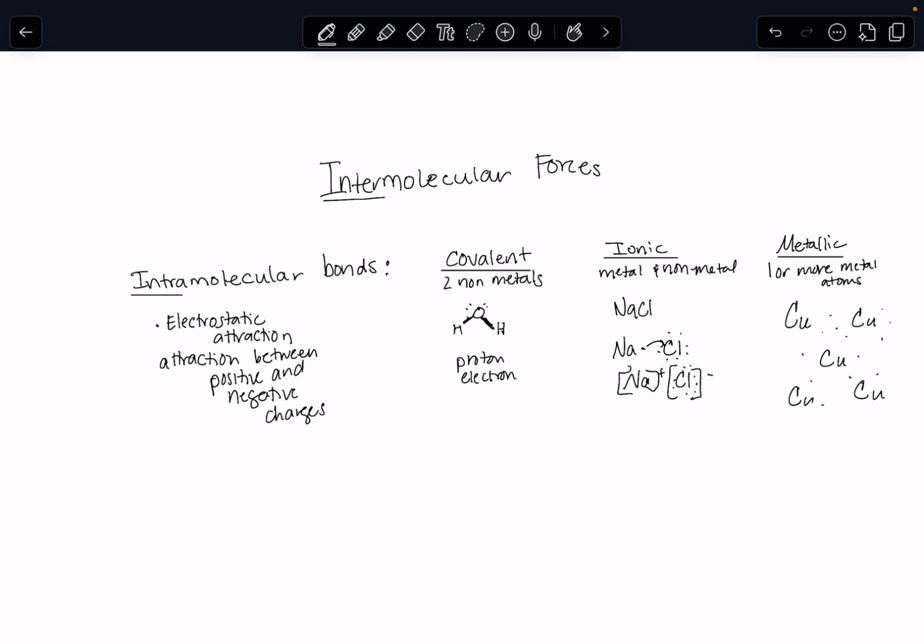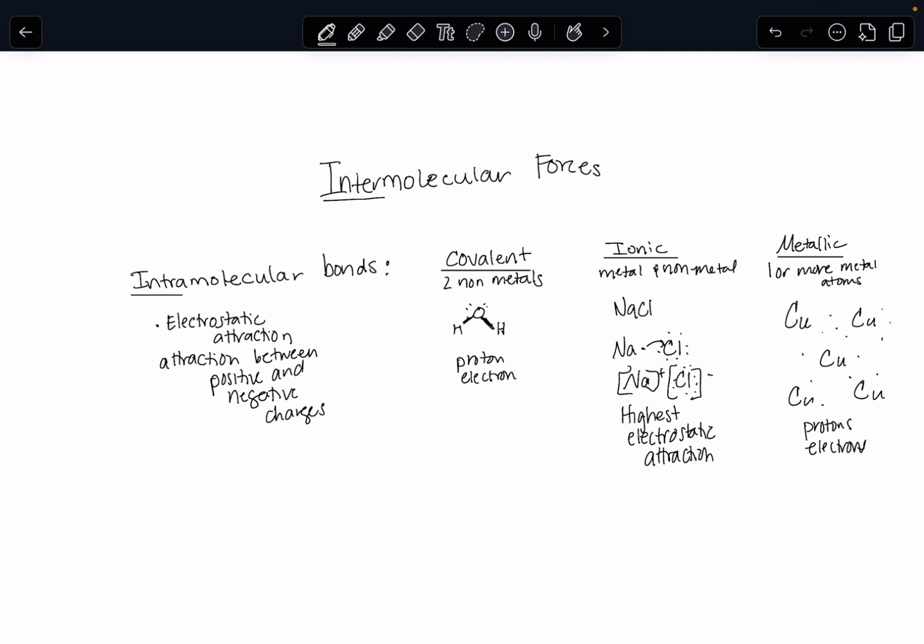This one right here has the highest electrostatic attraction. Super strong bond. And metallic is a lot like covalent in the sense that it's just between the protons and the nucleus and these free-flowing electrons.